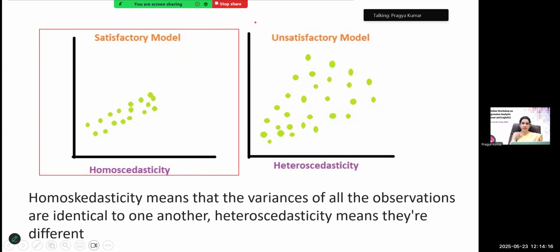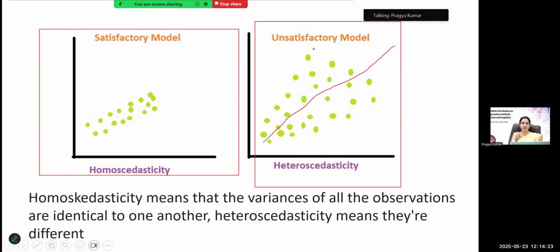But in this case, it is not met. Why? Because if I draw a rough line, here the spread is more and here the spread is less. So the variances of all observations across all values of the independent variable are not the same. That is what I mean by the assumption of homoscedasticity.